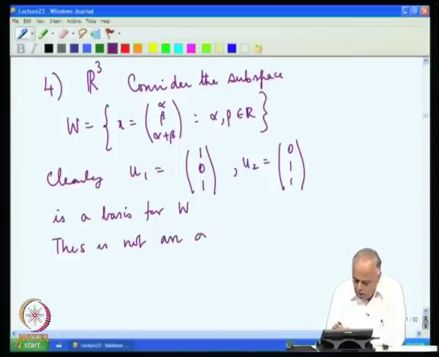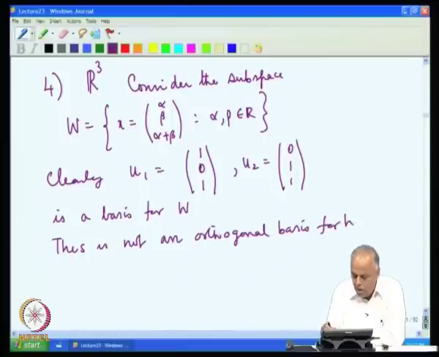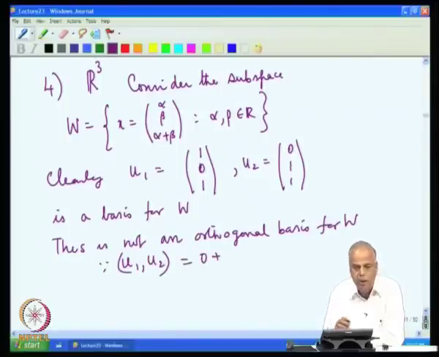However, this is not an orthogonal basis, because the two vectors are not orthogonal to each other. The inner product of u 1 and u 2: the product of the first components is 1 into 0, which is 0, plus the product of the second components, 0 into 1, which is 0, but the product of the third components is 1 into 1.